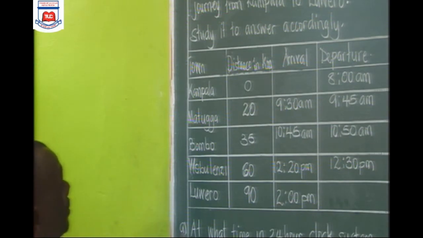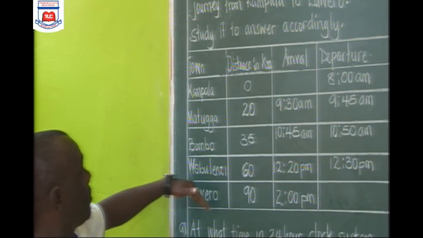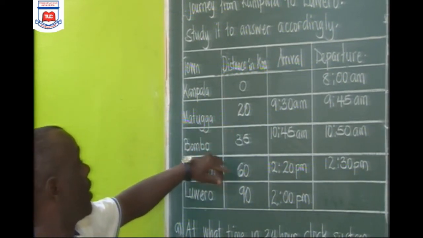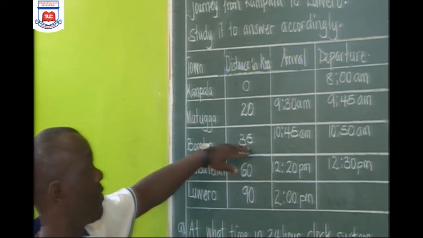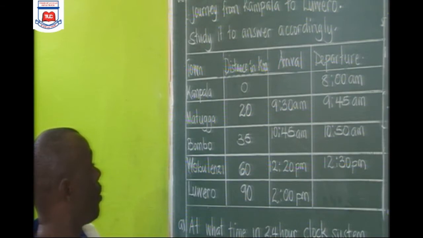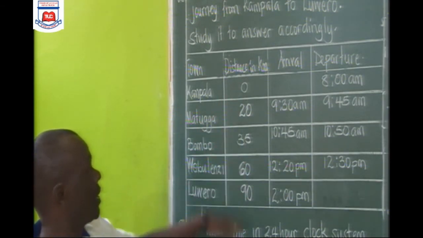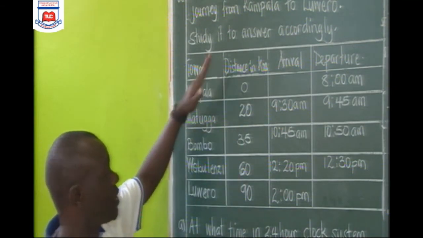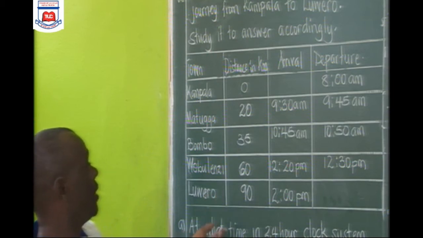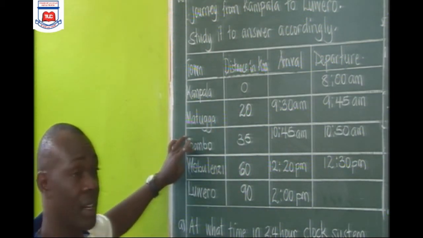Hence, when one is asked, for example, to find the distance between Matuga and Bombo, don't say 35 kilometers. What you do is subtract 35 kilometers minus 20 kilometers and get 15 kilometers. For all the distances given here are actually from Kampala. So you take off that 20 kilometer journey from Kampala to Matuga, and then you get a 15 kilometer journey between Matuga and Bombo.